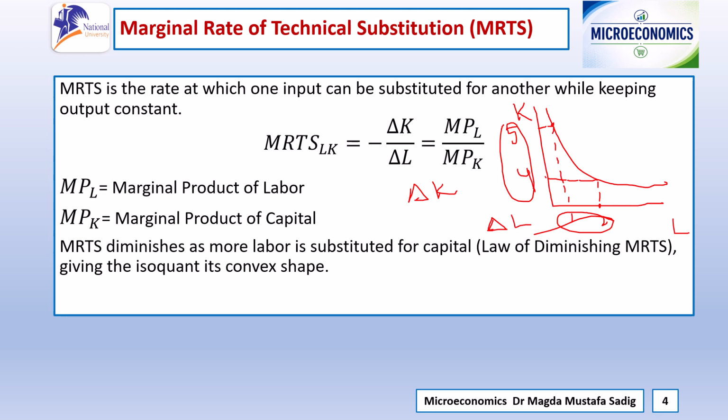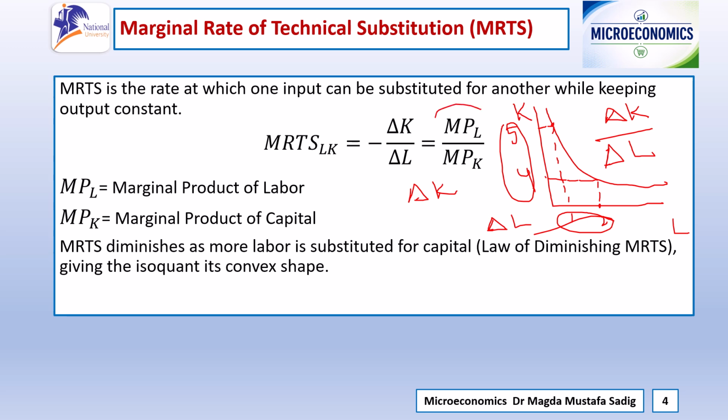When you take delta K divided by delta L, actually this is the marginal productivity of labor divided by the marginal productivity of capital. This is actually the slope. It is the slope of the isoquant line.